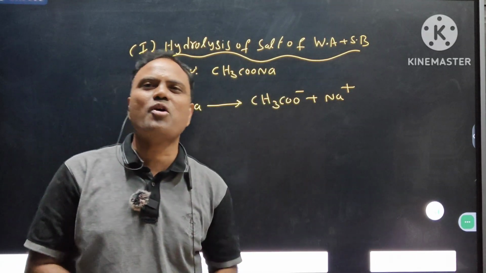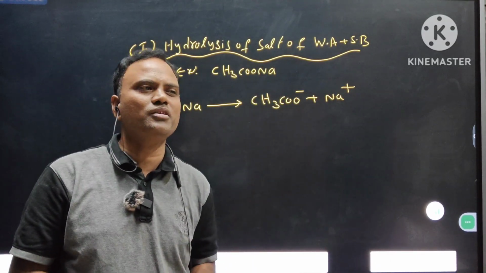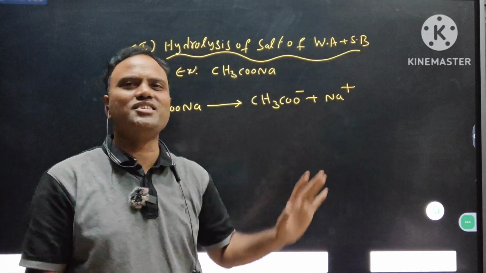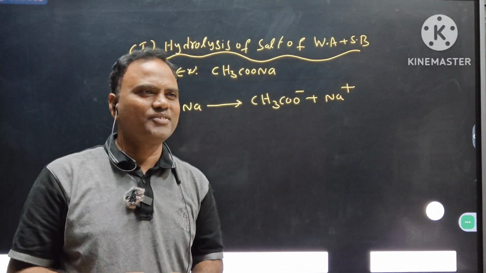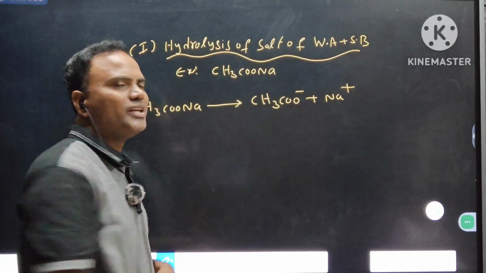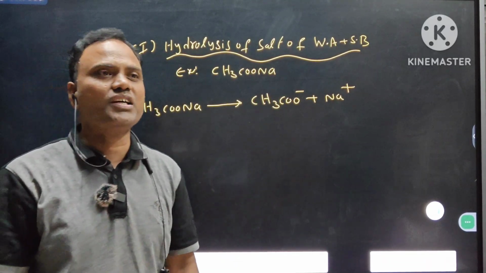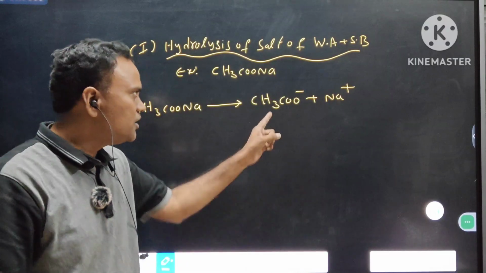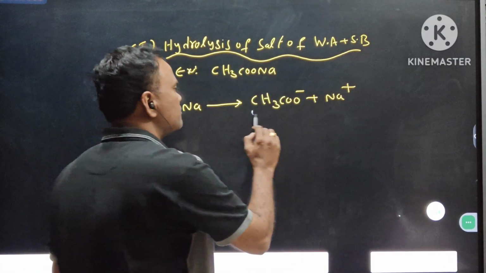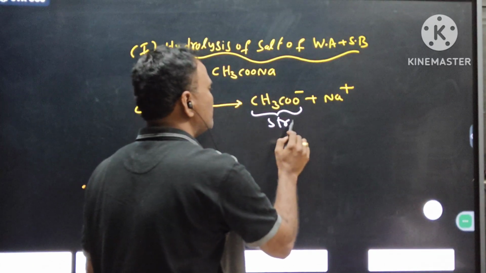Sodium hydroxide is strong base or weak base? Strong base. So sodium plus is weak. What about acetic acid? Weak. Acetate ion is strong because it is coming from the weak.